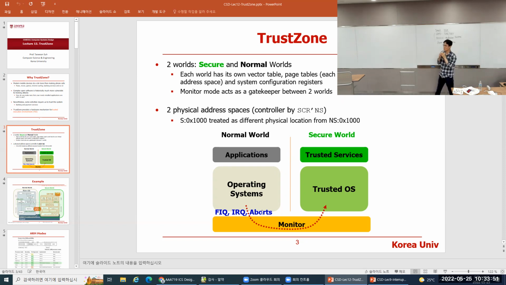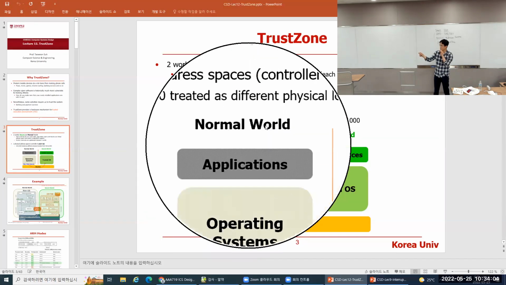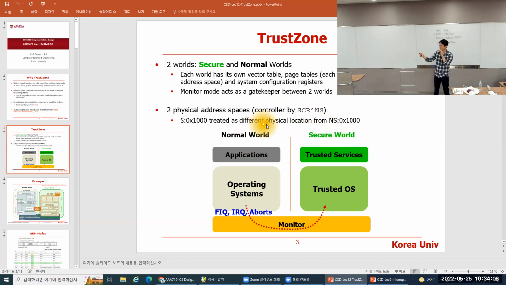Okay, so TrustZone is offering two different worlds. Without TrustZone, there is only one world, one environment. But with TrustZone, you have two different environments.